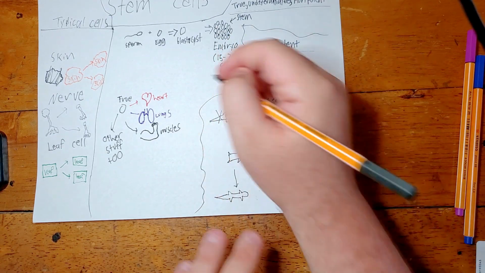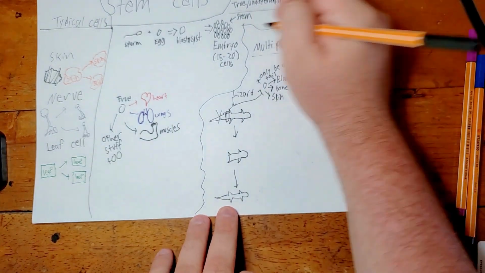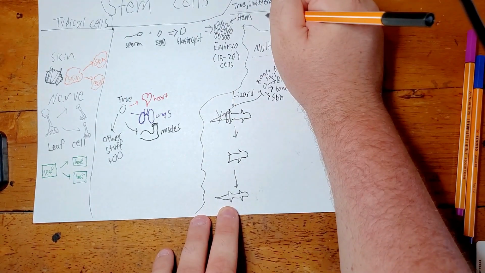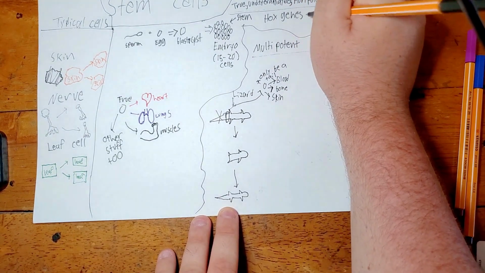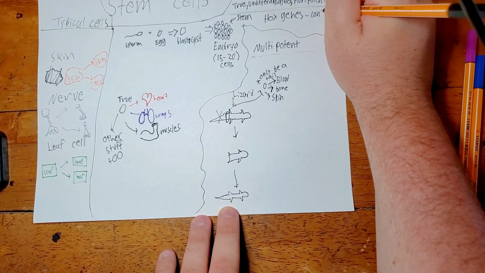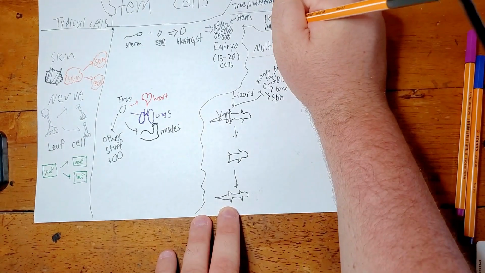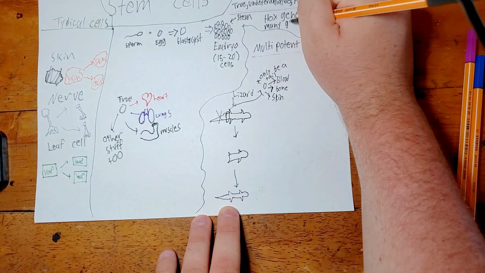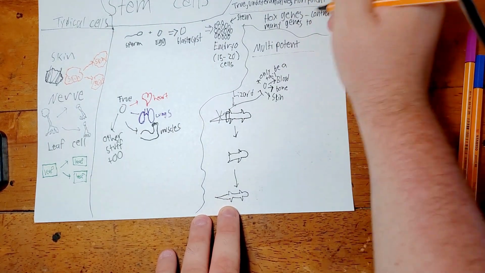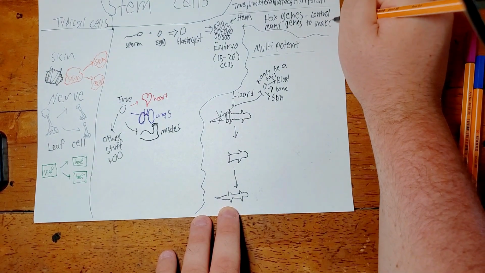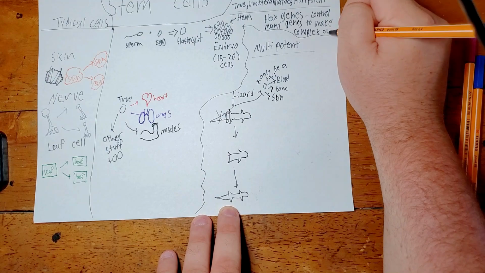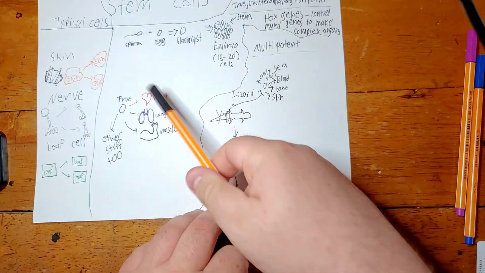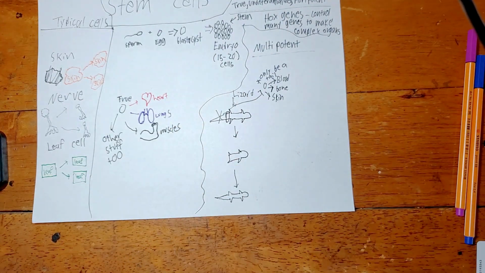So we have these Hox genes. The reason we have stem cells is because of Hox genes. And these Hox genes control many genes to make complex organs. So if you think about making a heart or making lungs or making muscles, it takes lots and lots of genes working together.